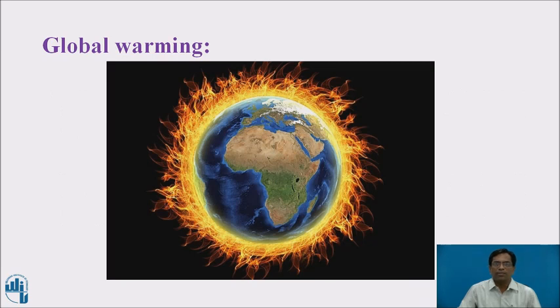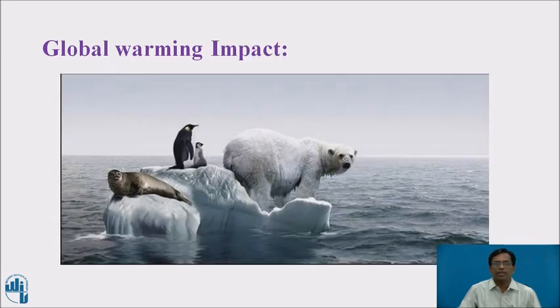This is a pictorial representation. This explains how the Earth's temperature is increasing. This is also a very important picture obtained from the internet, and this explains itself what exactly happens to the ecosystem when temperature increases.